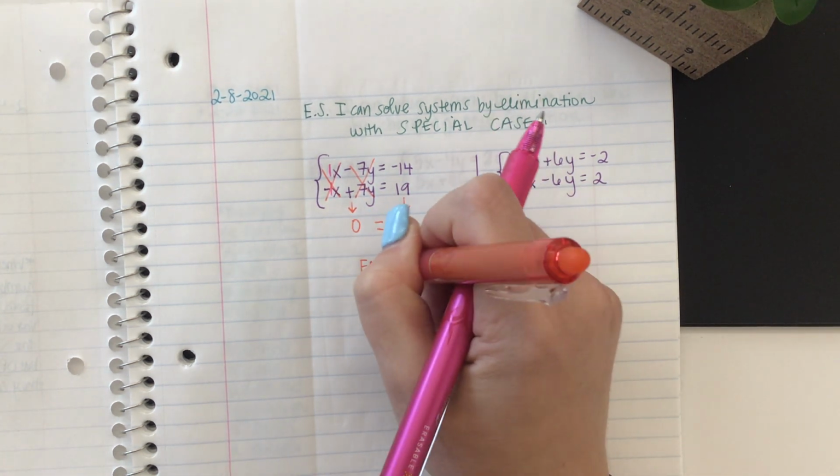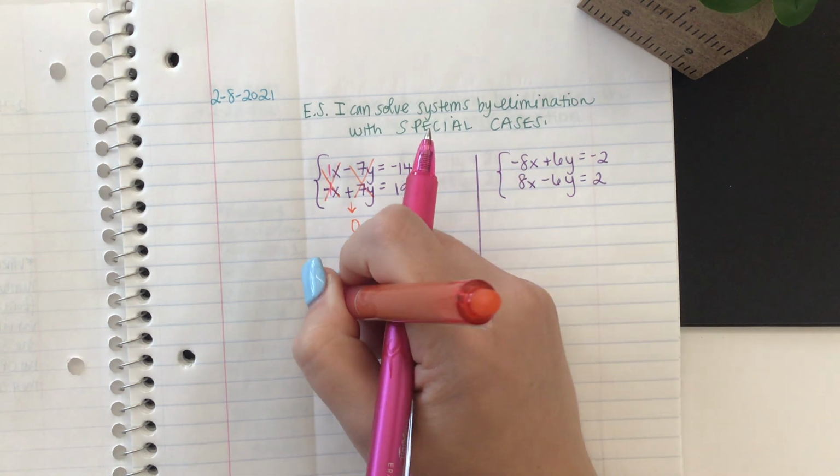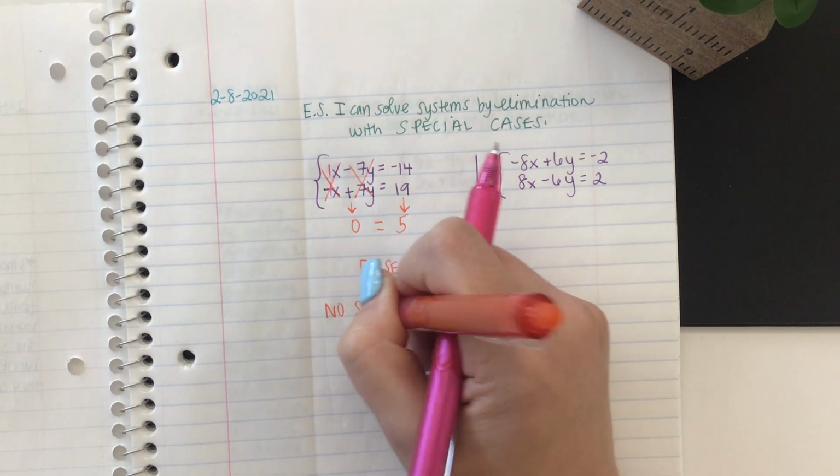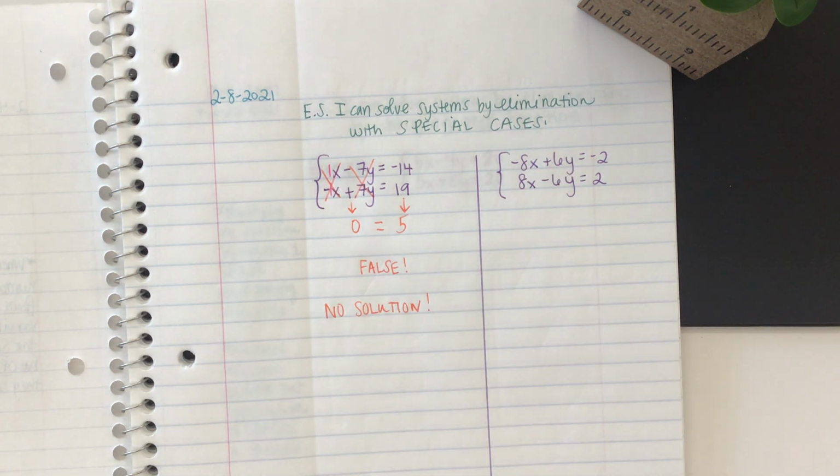And when we solve a system and we get a false statement, remember back to our different methods like substitution, when we solve a system and at the end we get a false statement, that means we have no solutions. Okay.